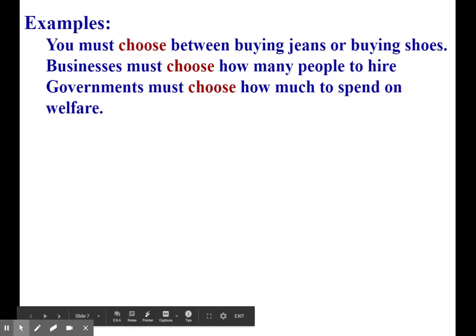You have a paycheck from your job, you're at the mall, you can't buy both, you have to pick. Businesses do the same thing. They have to choose how many people to hire, how many machines to create or purchase. Governments do the same thing. They have to choose how much to spend on welfare, on public parks. So we're looking at small scale decision making at an individual level.